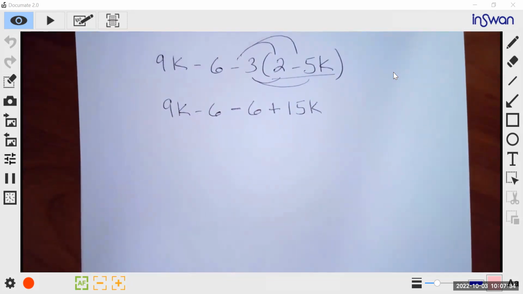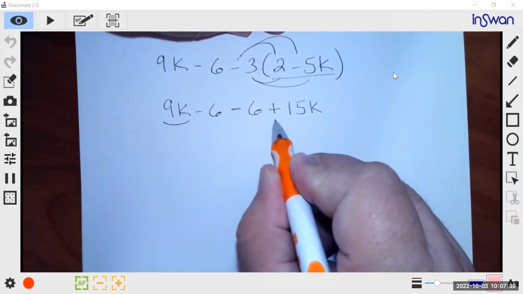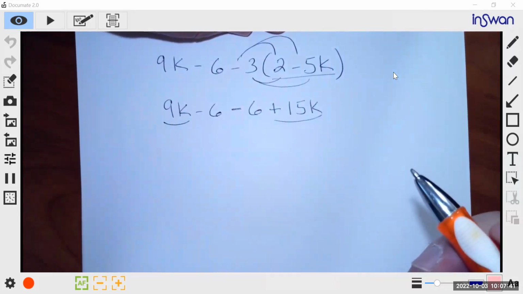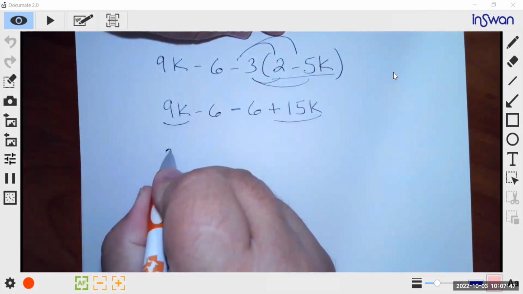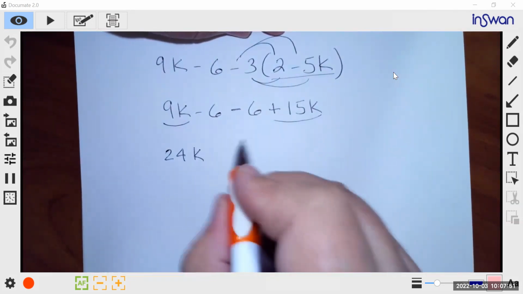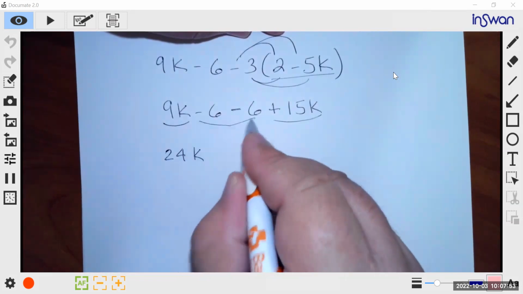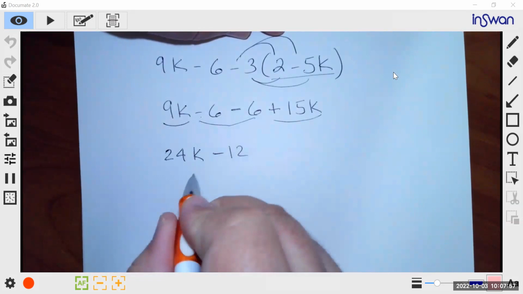No more parentheses, so we combine like terms. Start with the letters first. 9k plus 15k. So 9 plus 15 is 24k. They're both negatives. 6 plus 6 is 12.